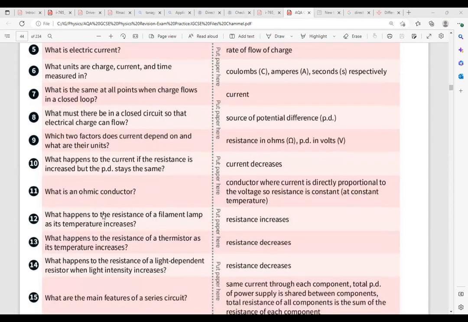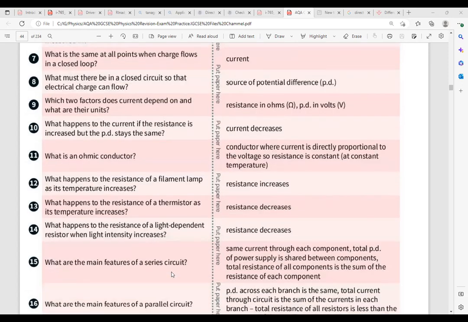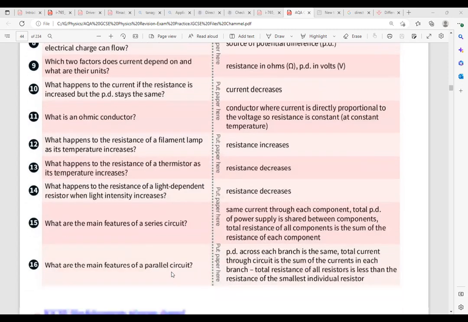What happens to the resistance if the temperature increases? Resistance increases with temperature. What happens to the resistance of a thermistor as the temperature increases? The resistance decreases as the temperature of the thermistor increases. What happens to the resistance of a light-dependent resistor when the light intensity increases? Light increase means the current increases, so the resistance should decrease.